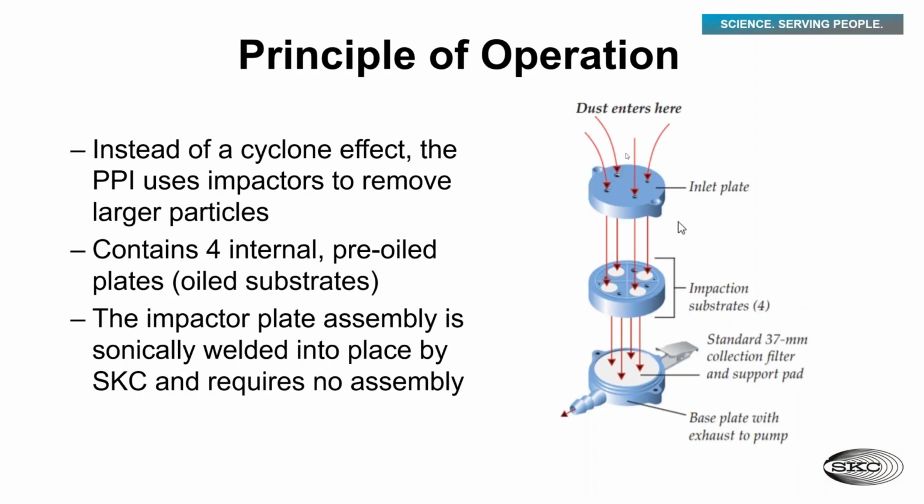So as we can see here, this is an aluminum PPI. This particular one is a reusable one. There is reusable as well as disposable. Typically, we see people doing a lot of research that load their own samples using a reusable PPI, whereas the majority of people doing industrial sampling use a disposable PPI because there's no cleaning.